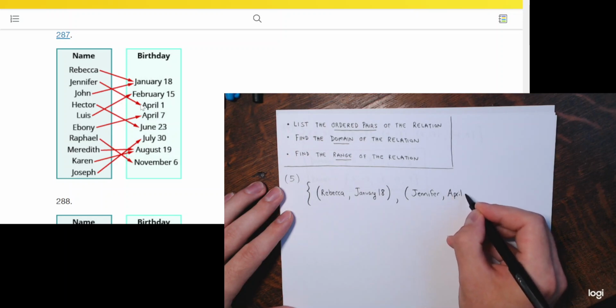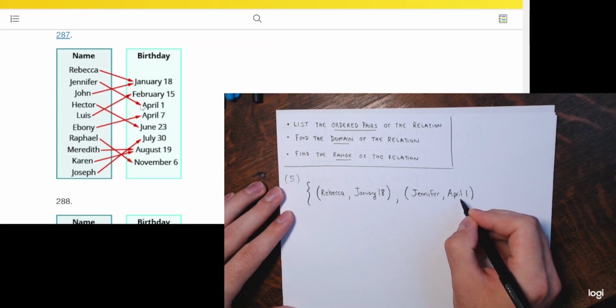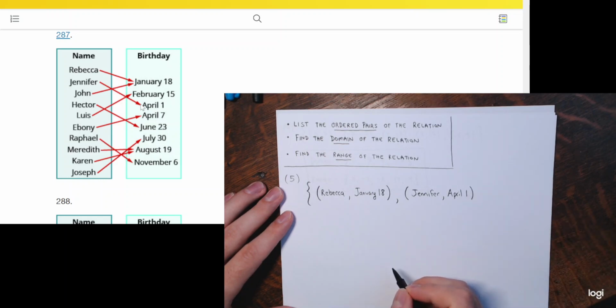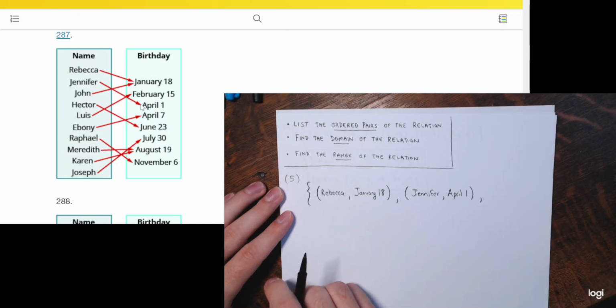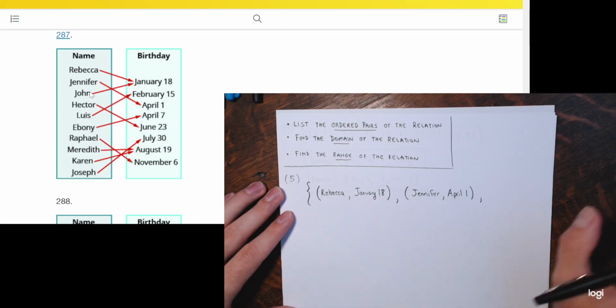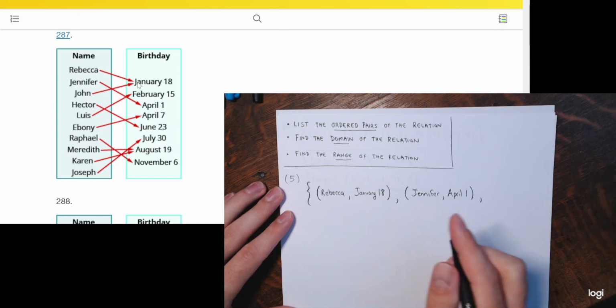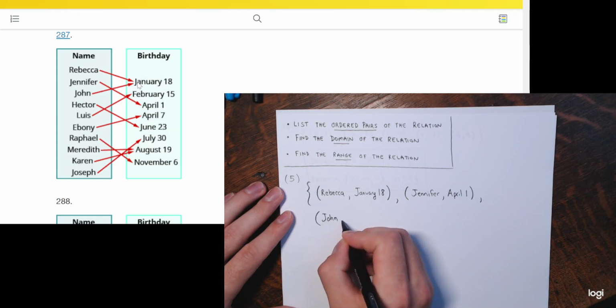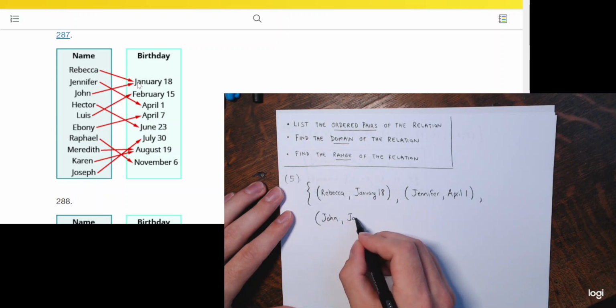So April 1st is going to be the second coordinate, right, the y value if you want, and then close parentheses, there's my second ordered pair. All right, comma. The next relationship I'm seeing is John also has a birthday of January 18th. So in parentheses, I've got John, comma, January 18. Right.